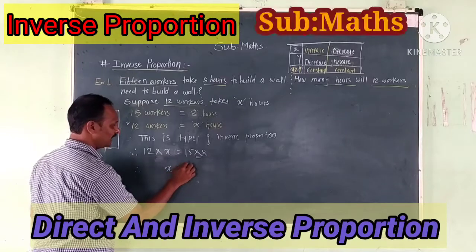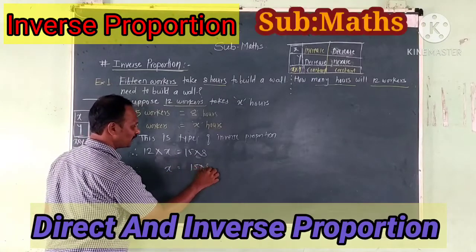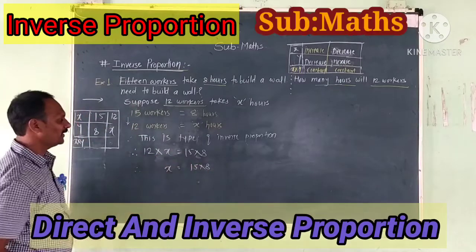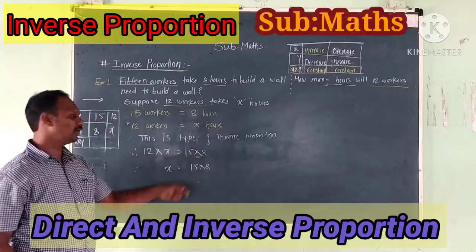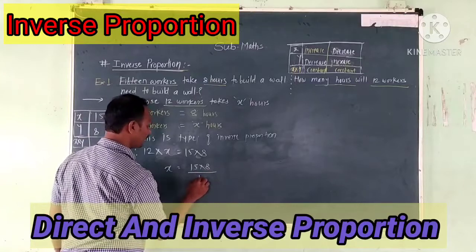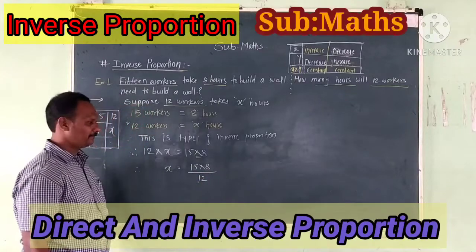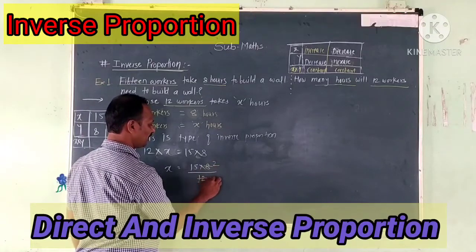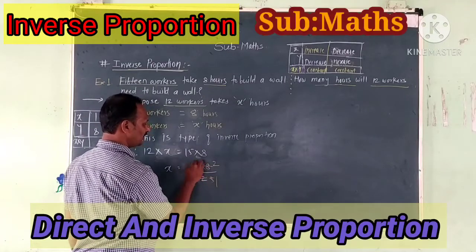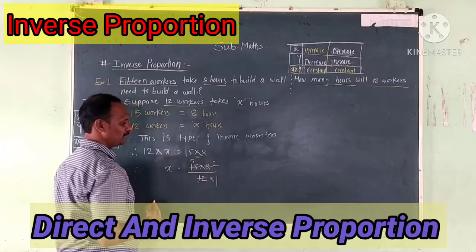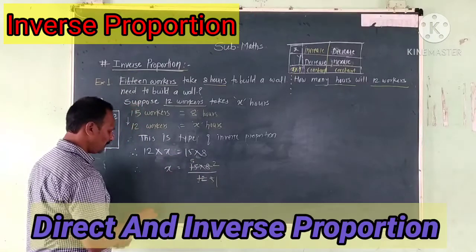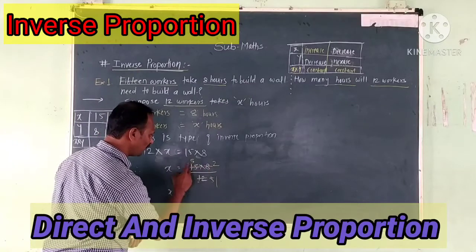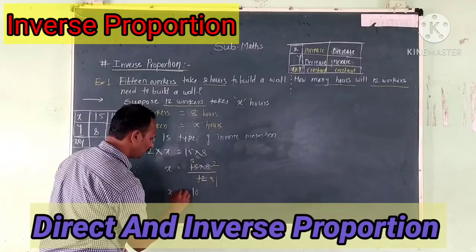x is as it is, 15 into 8. The 12 goes to the other side of the equal sign; multiplication becomes division. So you divide: 4 into 8, 4 into 12 is 3, and 5 into 15. So x is equal to 5 into 2, which is 10. 10 what?